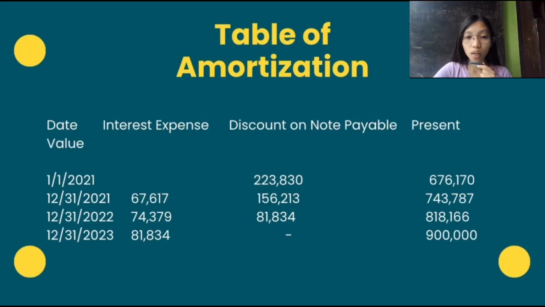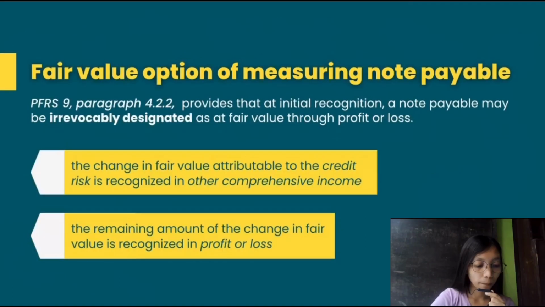And ang pagkuha sa interest expense for 2023 and 2022 kay same raw process sa katong 2021 and so on, same sa discount on note payable. And on December 31, 2023, kay ang present value nato is equals to 900,000 since mao man nato ang face amount sa note payable. So next slide please.